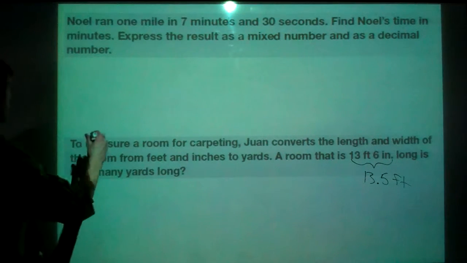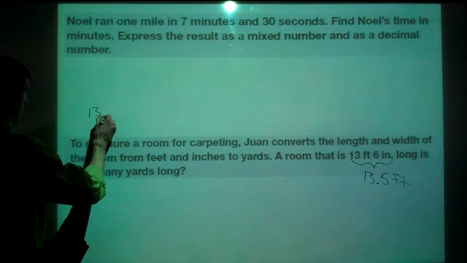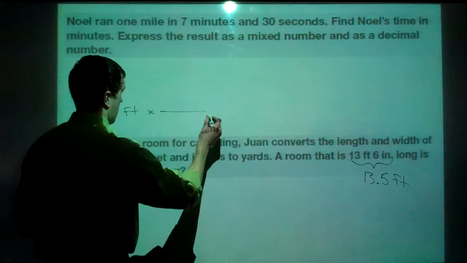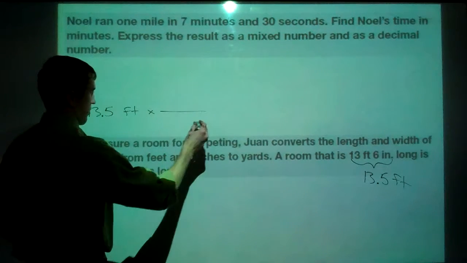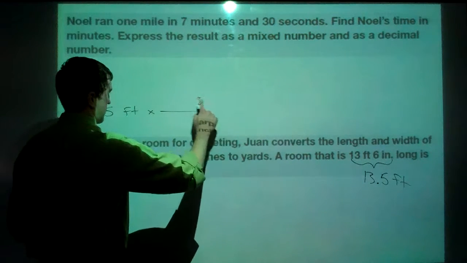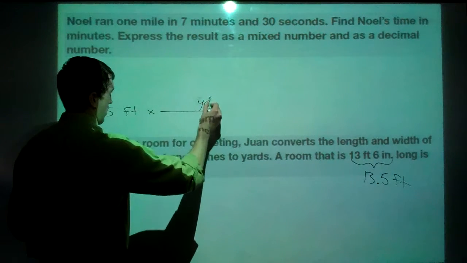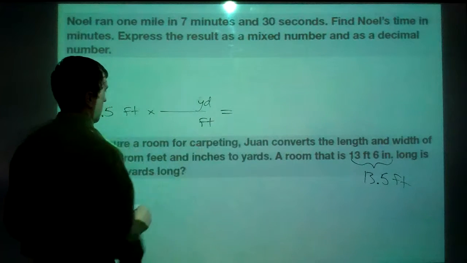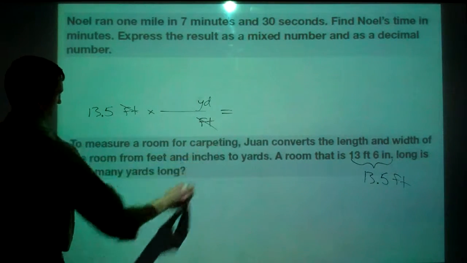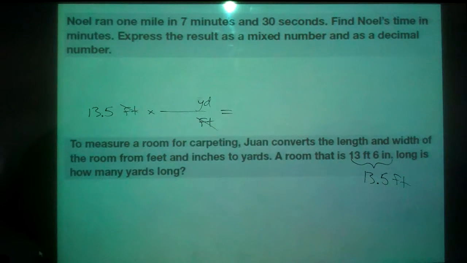So I'm going to bring that over here, 13.5 feet. And whatever we start with comes down here. And we want to relate that to yards. Marker is going dead. Alright, so feet are going to cancel out. We should be left with yards, but we have to relate it first.